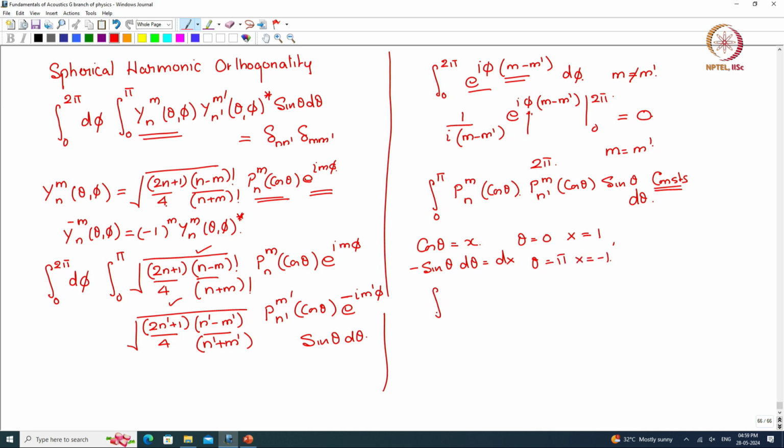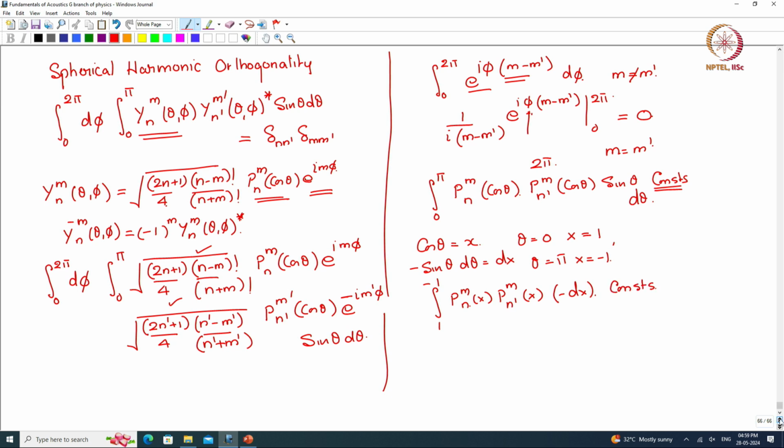So I have the integral 1 to minus 1 of P_n^m(x) P_n'^m(x), and sin theta d theta is minus dx, and these constants.